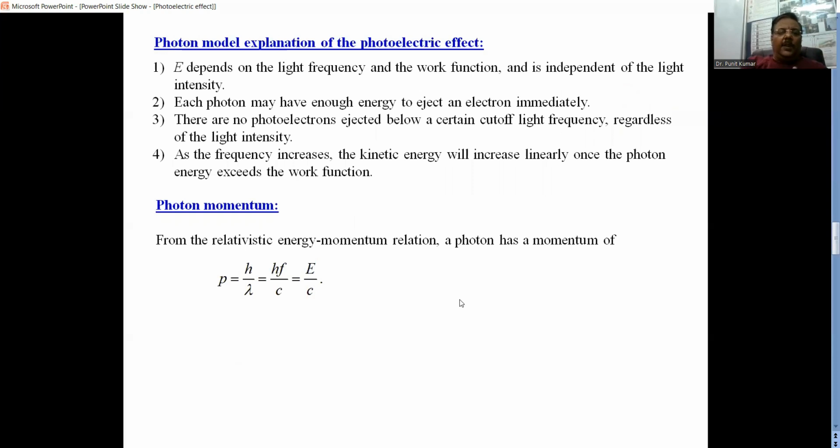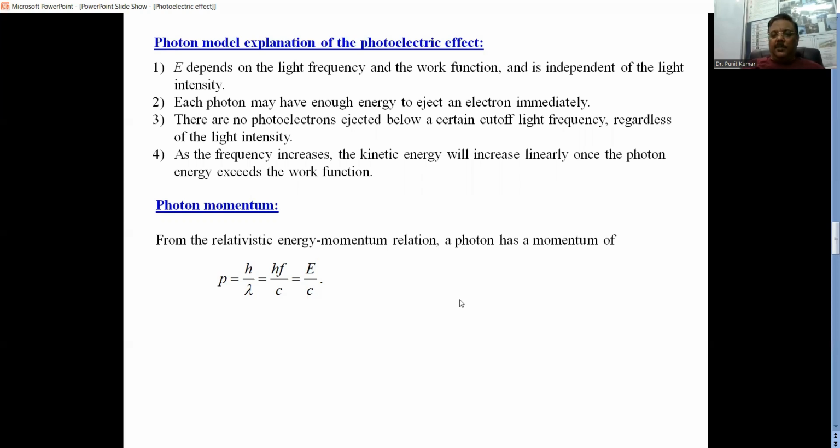So finally, Einstein came to a conclusion that the energy depends on the light frequency and the work function and is independent of the intensity of the incident light. Each photon may have enough energy to eject an electron immediately, and there are no photoelectrons ejected below a certain cutoff, regardless of the intensity of the incident light.